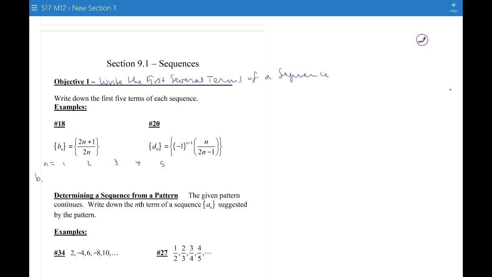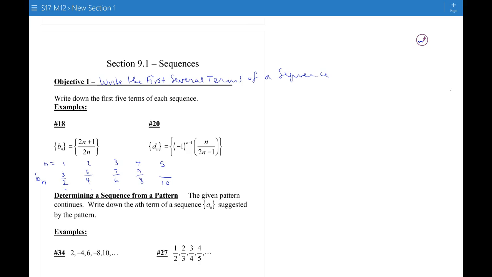So we had that the b sub n's, when n was 1, we got 3 halves. When n was 2, we got 5 fourths. When n was 3, we got 7 sixths. And then 9 eighths, and I can see that the denominators are going 2, 4, 6, 8, so the next denominator has to be 10.